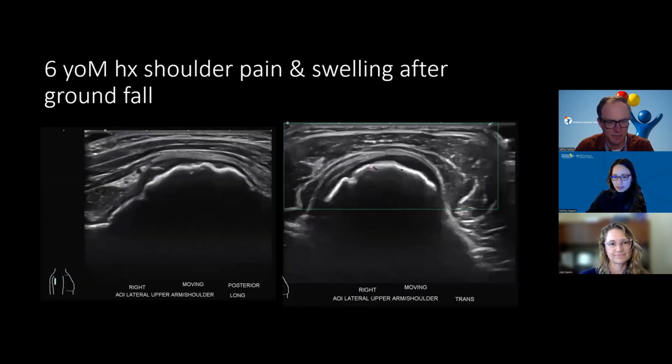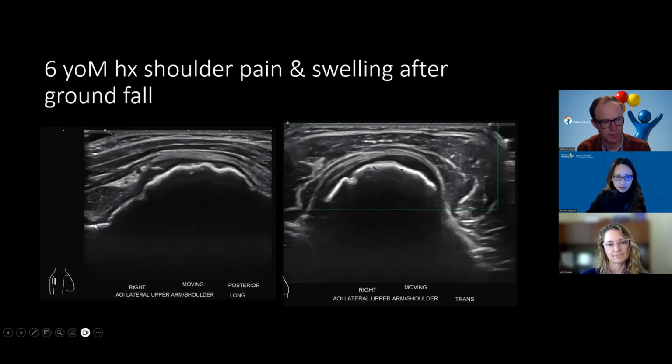This is a 6-year-old, a little bit older, with shoulder pain and swelling after falling on the ground. They had an ultrasound first, because I guess the swelling was visible and palpable. So we got this ultrasound, and this is the arm, the proximal humerus in long.